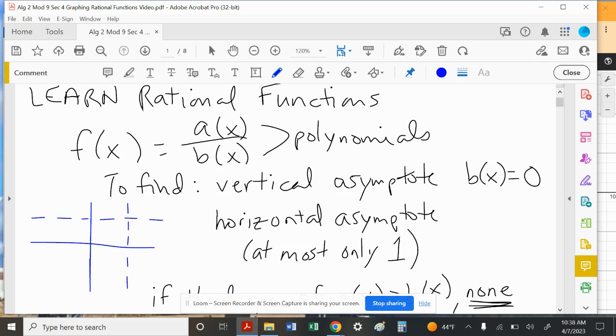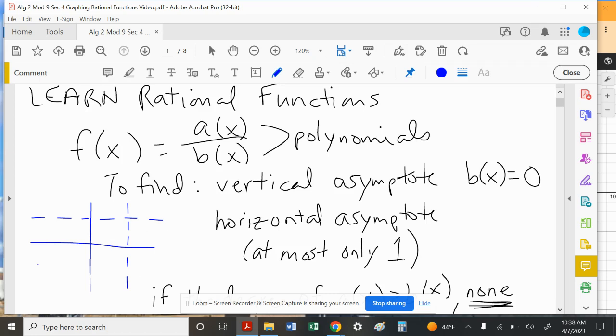And then we also have something called an oblique asymptote. I know I don't have it written down here because in the regular lecture I didn't go through that, but I want to make sure that I do that here. Even though on the test I won't throw it at you, on the homework problems you will see it, and I'll go through one that has an oblique asymptote as well. Looking at this, we have our vertical asymptote, this one right here, and our horizontal asymptote, this one right here.